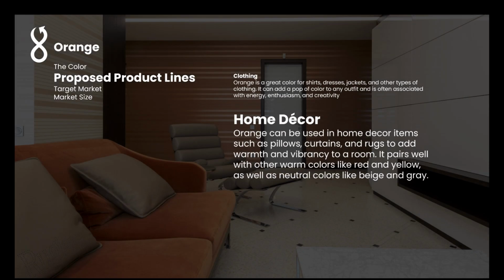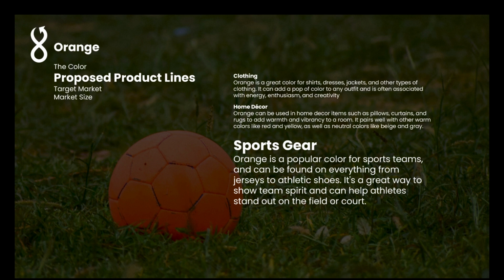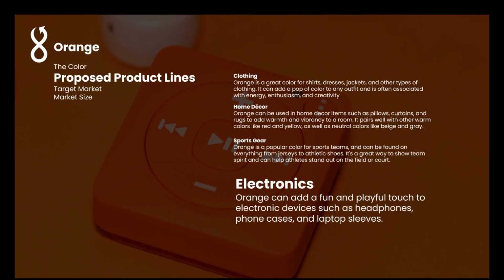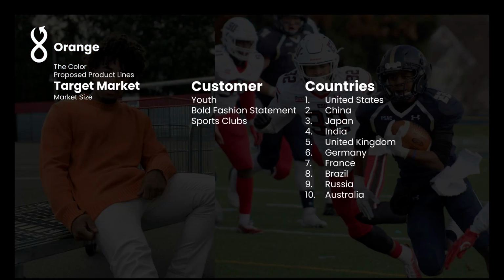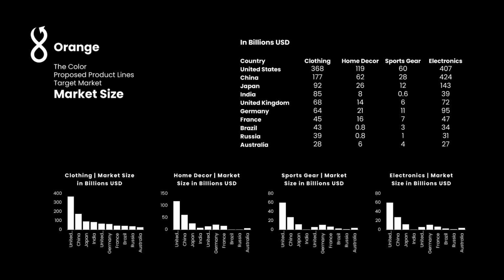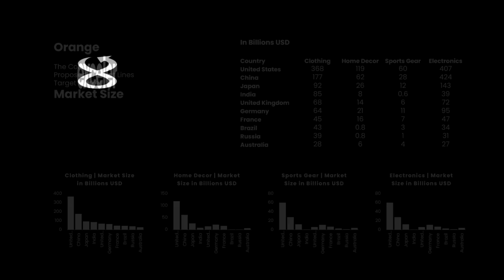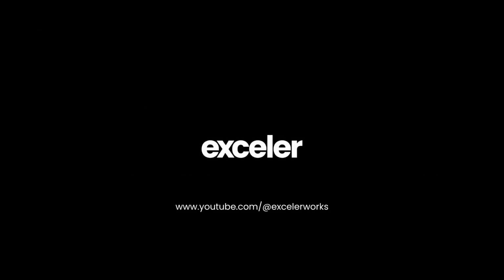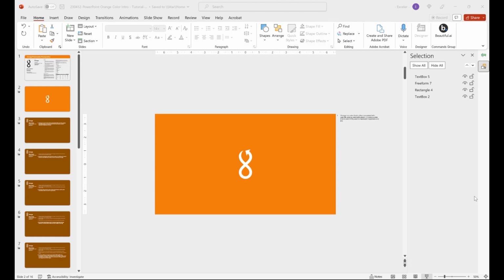Because there's a picture, it will take a little bit of time, but smooth. Home and decor, sports gear, electronics, and target market, the customers, countries, okay, and then market size, and then ending. Okay, that's cool. So this is the template.